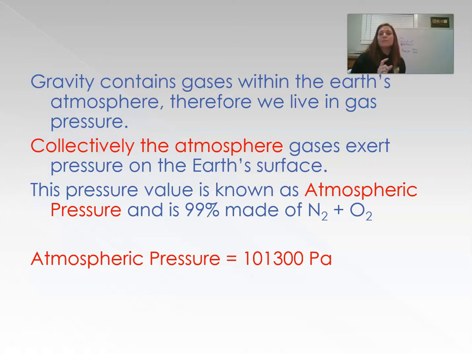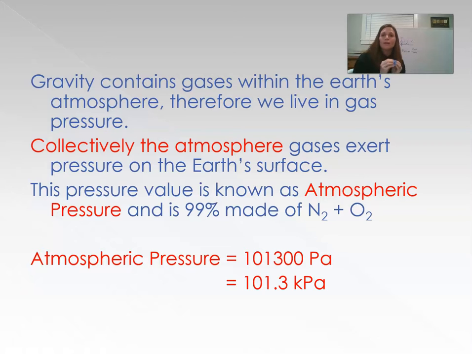And so we simplify that number three different ways. You actually don't need to know the 101,300 pascals, but what you do need to know is a kilopascal. So remember, kilo is 1,000. So we move our decimal place three places to the left, and we get 101.3 kPa.